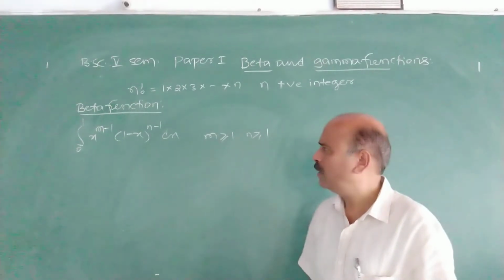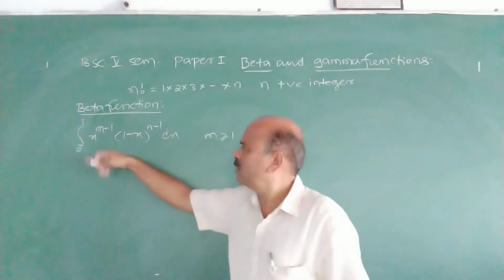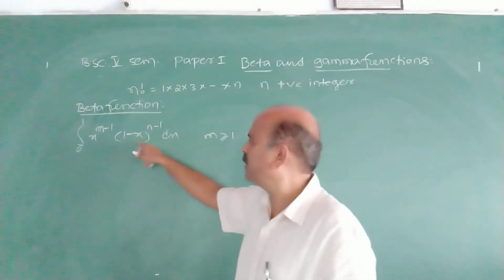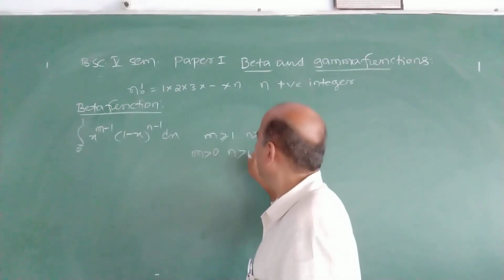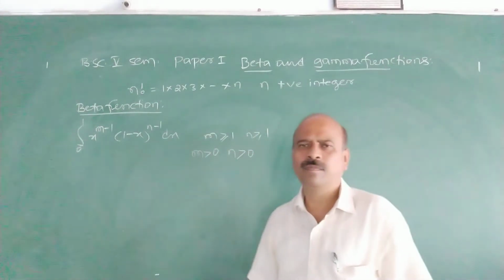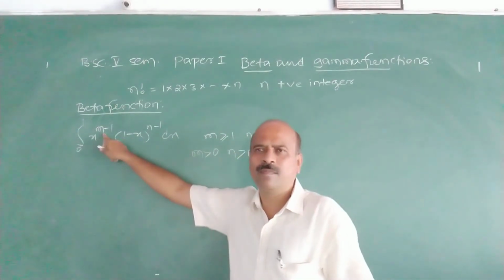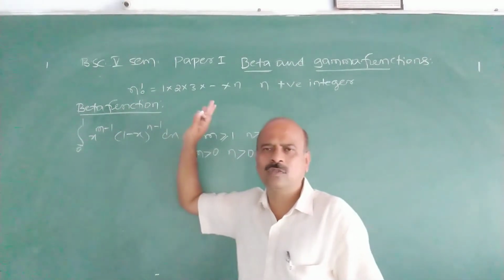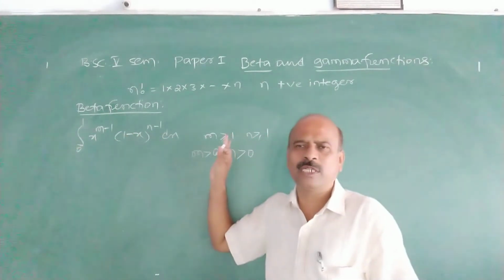Now we prove that this integral from 0 to 1 of x raised to m minus 1 times 1 minus x raised to n minus 1 converges when m is greater than 0 and n is greater than 0. When m is less than 1 it becomes improper because 0 becomes a point of discontinuity, and when n is less than 1, 1 becomes a point of discontinuity.